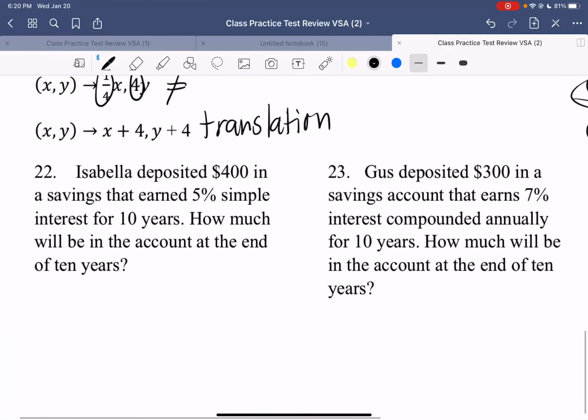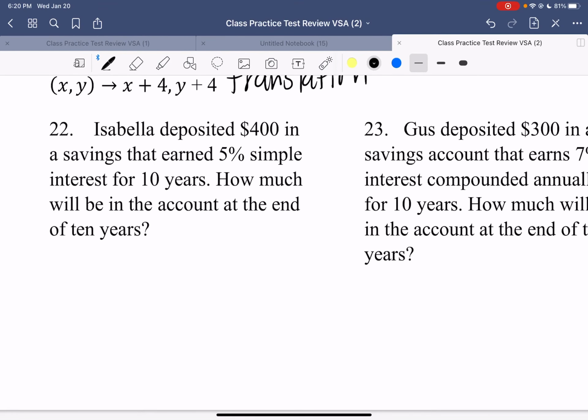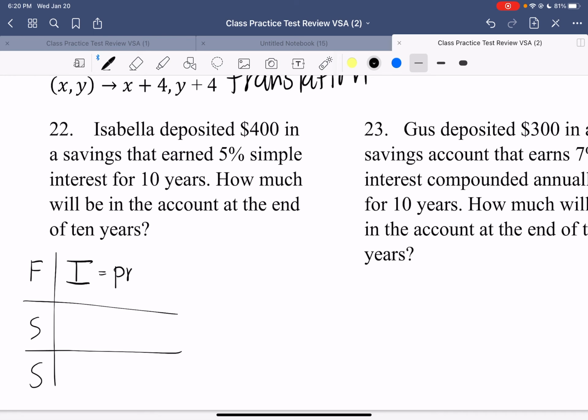And our last problems we have here are some interest problems. So formula, substitute, solve. We have Isabella deposited $400 in a savings account that earned 5% simple interest for 10 years. How much will be in the account at the end of 10 years? So formula is simple interest, I equals PRT.